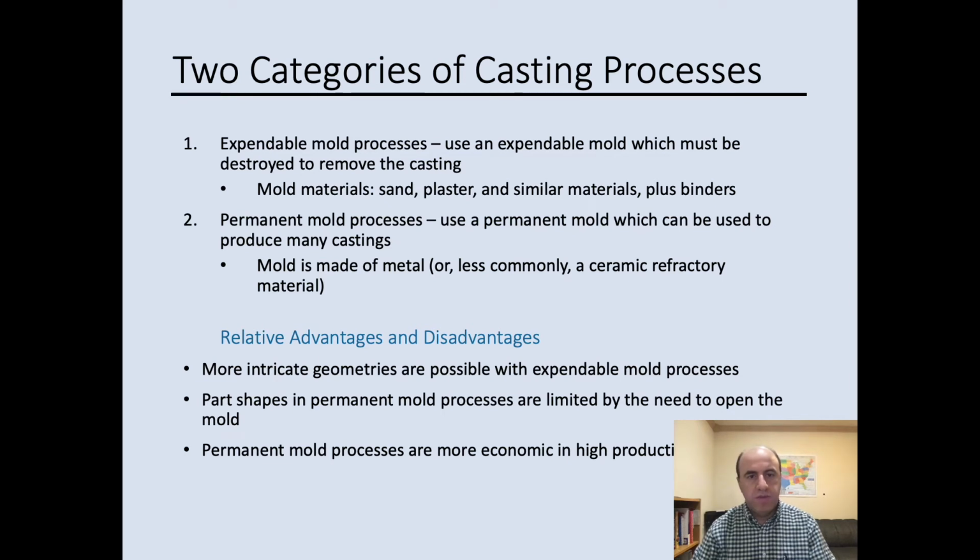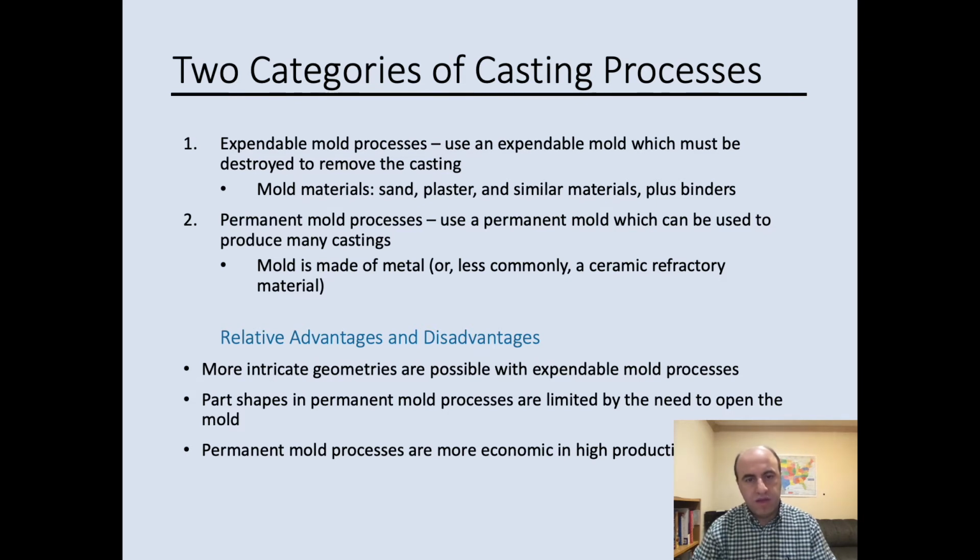Then we have a permanent mold process, where we use a permanent mold to produce many castings. So it is used for large production. And the mold is made of metal. It is possible that we use ceramic refractory material for the mold in the permanent mold process.